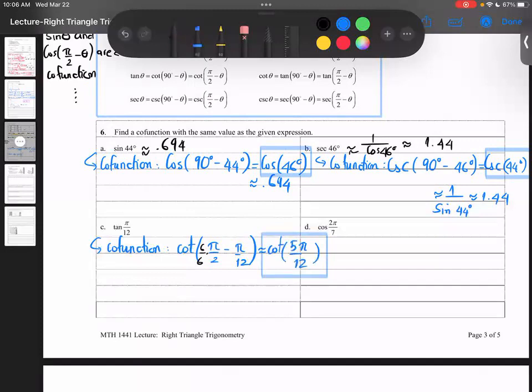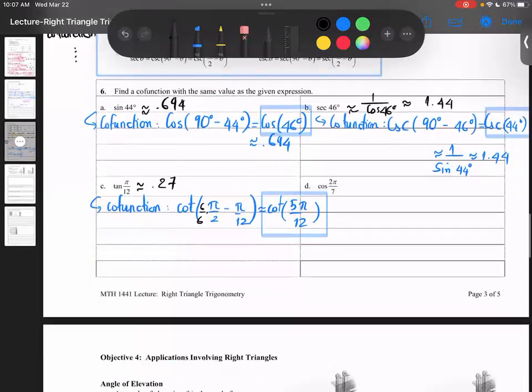Check your answer. Let's do it. Change your calculator into radian. What is tangent of pi over 12? Good, 0.27. You don't have a cotangent function on your calculator, do you?